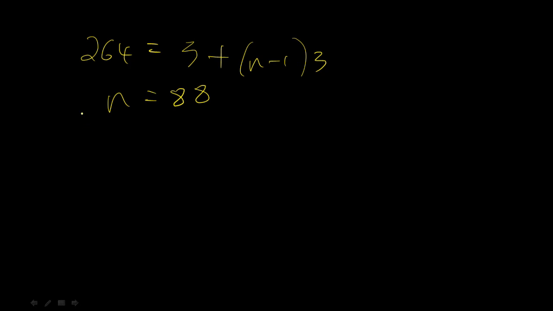The second question, more related to an arithmetic series, is to find the sum of 88 terms, which is the application of arithmetic series theory. Find the sum of 88 terms.